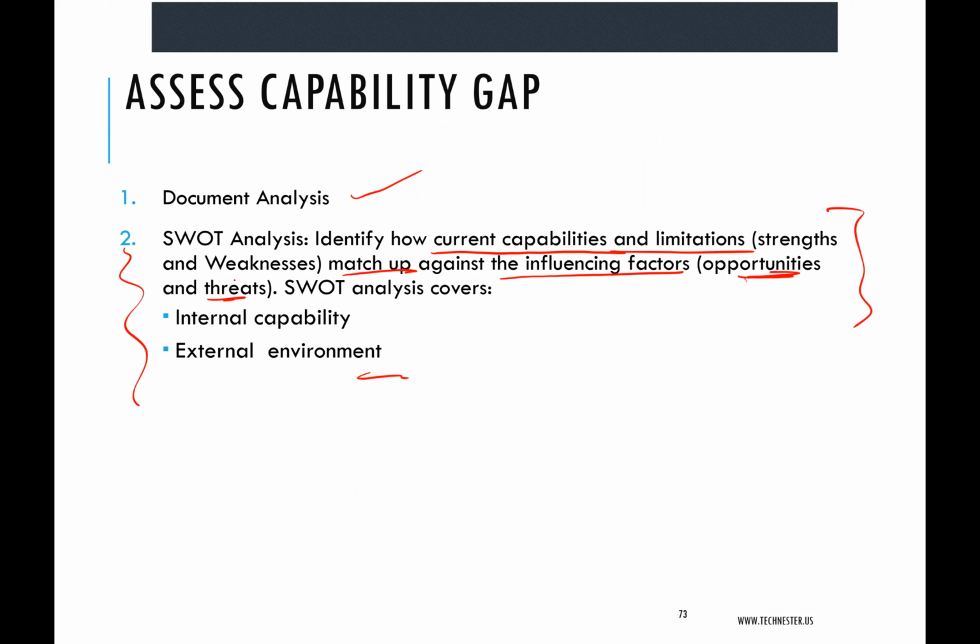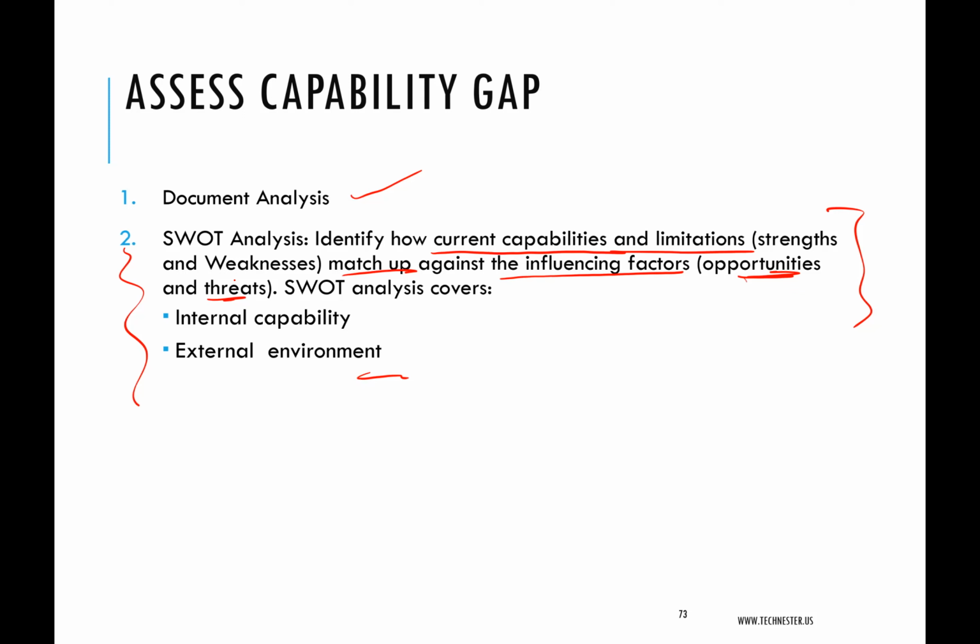What this is telling us is SWOT analysis is looking at what you can do within your own power, right? And the things that are not within your power, but are affecting you, the things you cannot necessarily control, but affecting you. So two things: your internal capability, what is within your power, right?